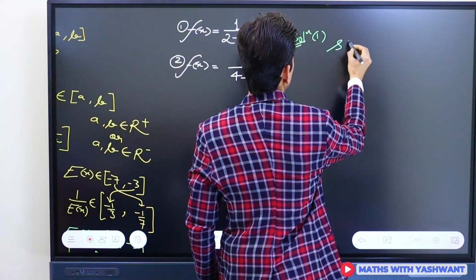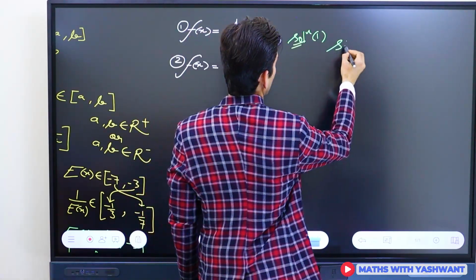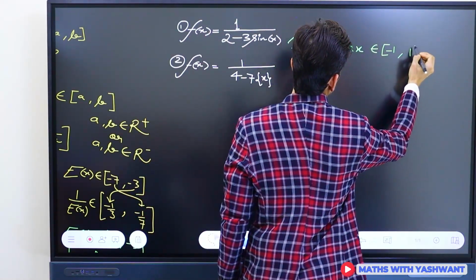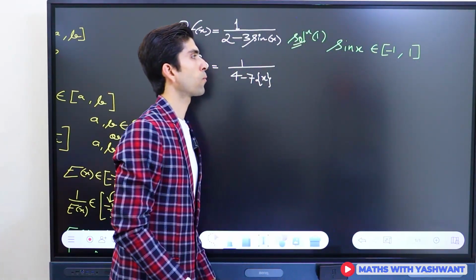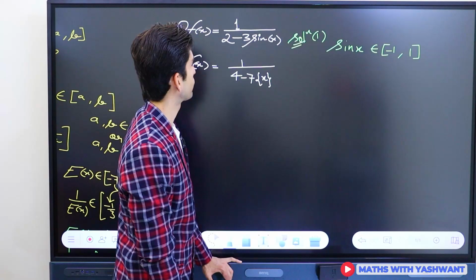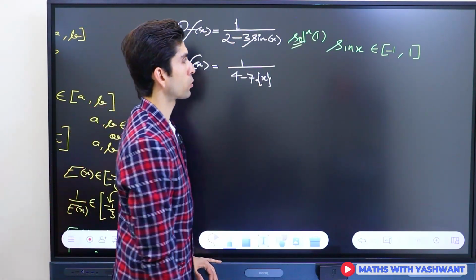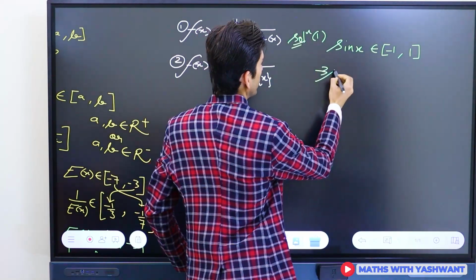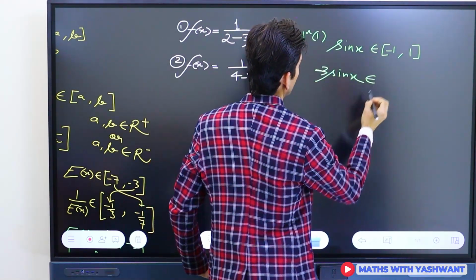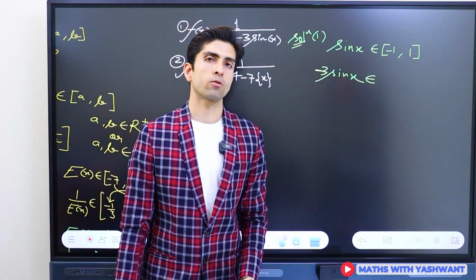So from trigonometry, we all know that the range of sin x is closed -1 to closed 1. That means -1 and +1, both the boundary points are included in the range. Now we multiply sin x by -3. So when we multiply sin x by -3, that means we have to multiply -3 to all the elements in the range of sin x.